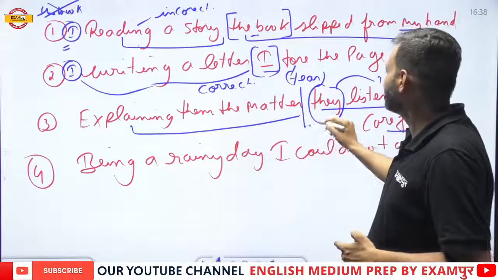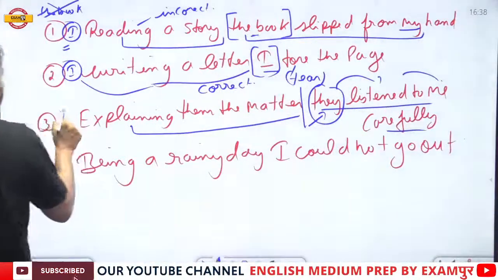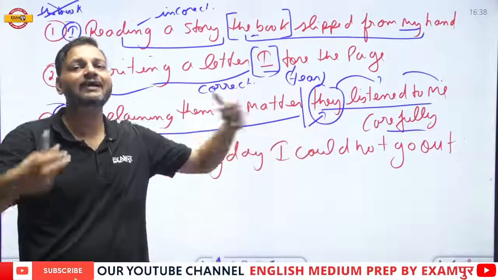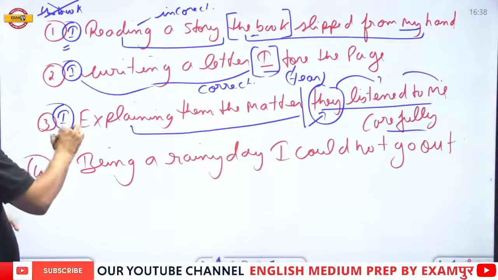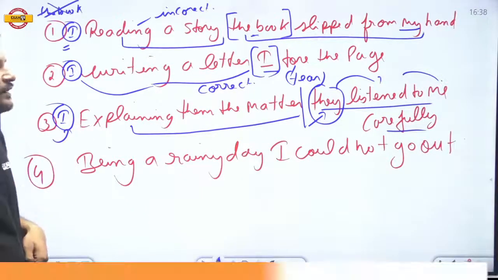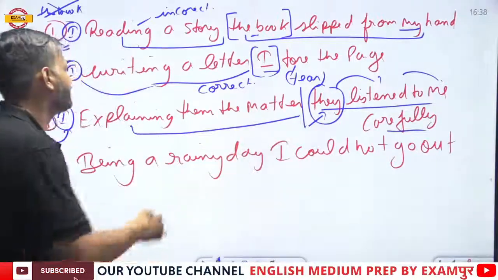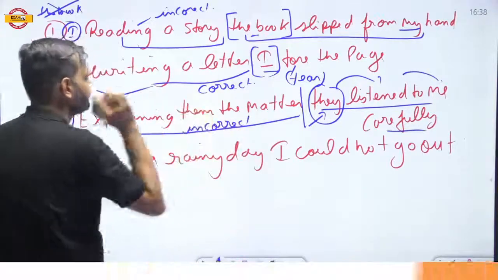So here the subject of the first clause is I, while the subject of the second clause is they. So here also subjects are not same, which means this sentence is also incorrect.